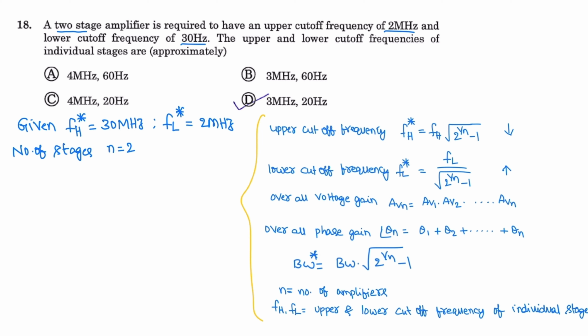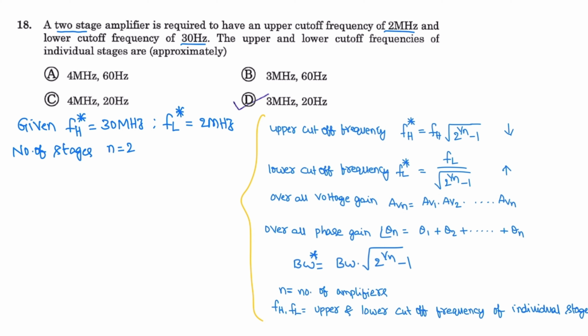Overall phase is the sum of all individual phases, whereas bandwidth for an n stage amplifier BW star is equal to bandwidth of a single stage amplifier multiplied with square root of 2 power 1 by n minus 1, where n is the number of amplifiers in the multi-stage amplifier.